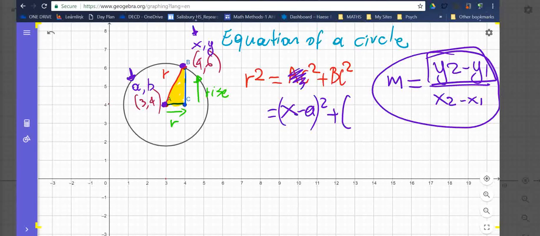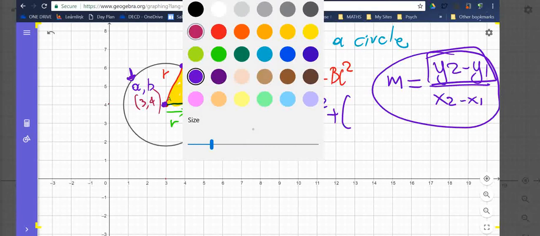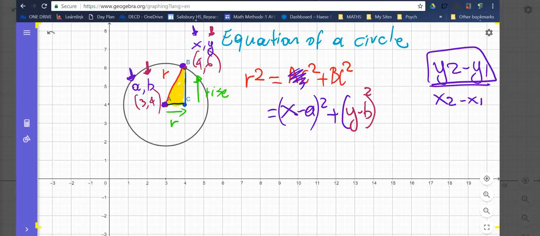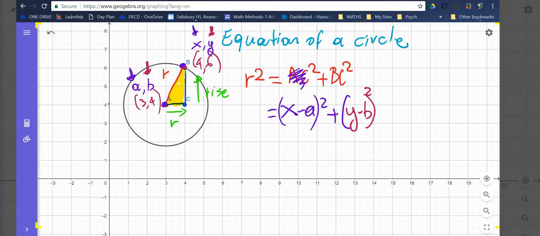So what's the rise? It is y, take away b. So it is y, take away b, again squared. So now, let's get rid of that too.